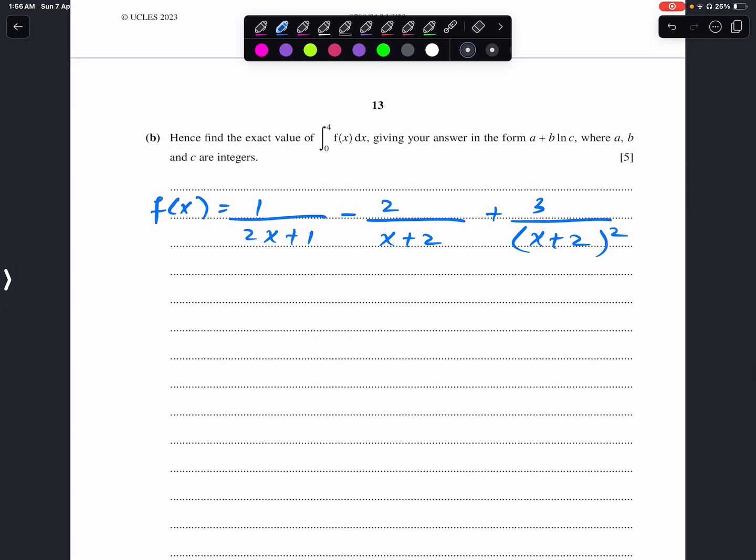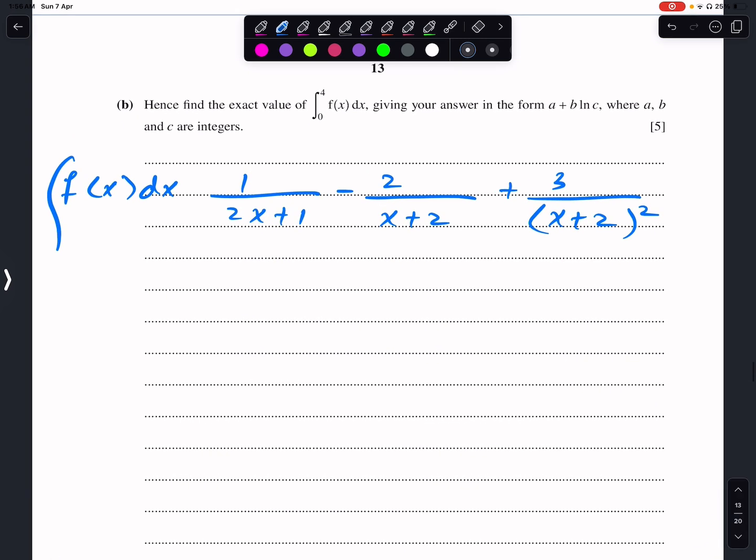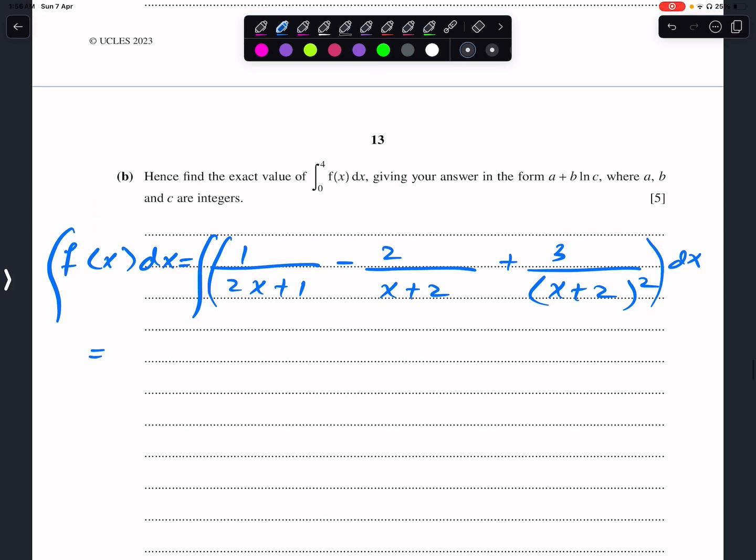Now we will be integrating this whole expression on both sides. So for the first integral, we will use this formula: the integral of 1 over ax plus b dx.